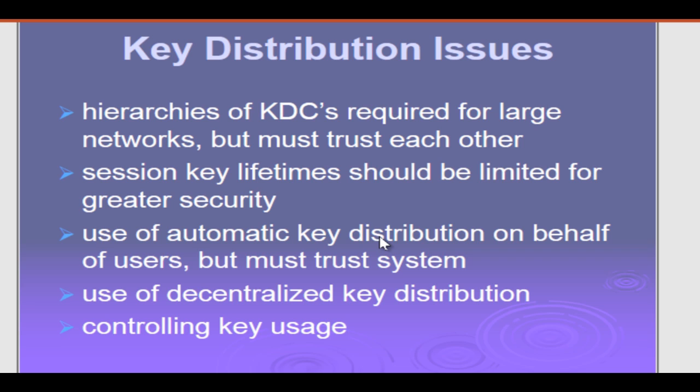For example, if a KDC is there in Vijayawada, initially there might be 100 participants. If the participants increase to 1 lakh, the KDC in Vijayawada cannot maintain them.